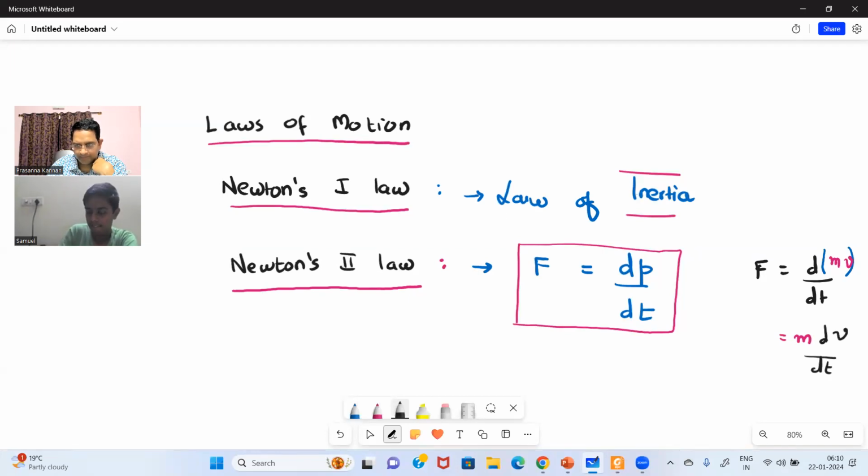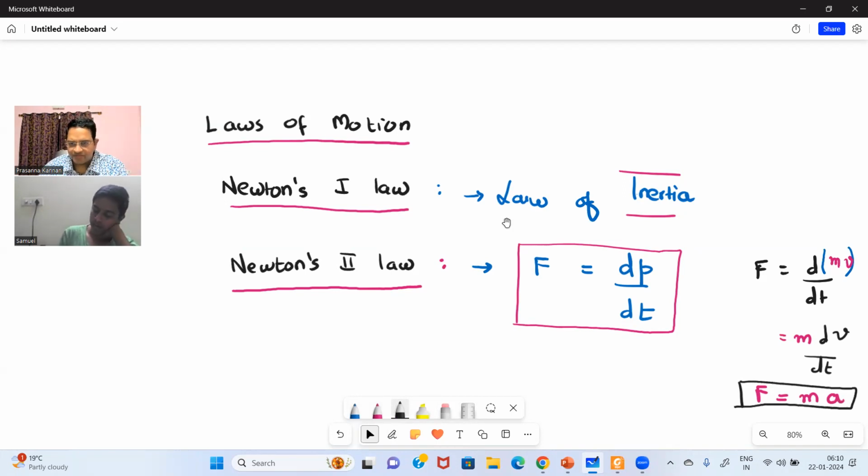So what is inside? V. So what is dV by dt? We had learned this from acceleration. So that's how it becomes what? F is equal to ma. So it starts with dP by dt. Is that clear to you?